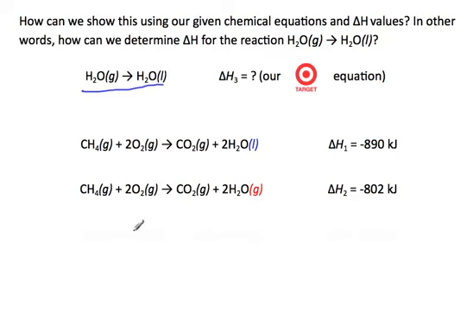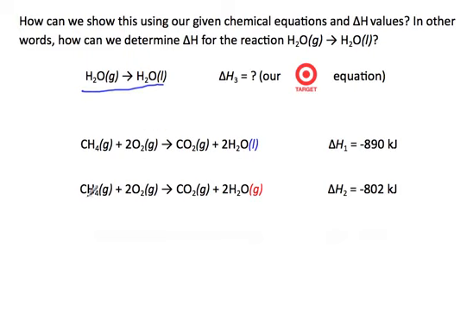And here are two given equations. Now, just to point out, they look very similar, but there is a difference, and that difference is shown in color here. We have one product being water liquid, and we have another product being water vapor, water gas. And so we have to manipulate these equations so that we can generate our target equation.